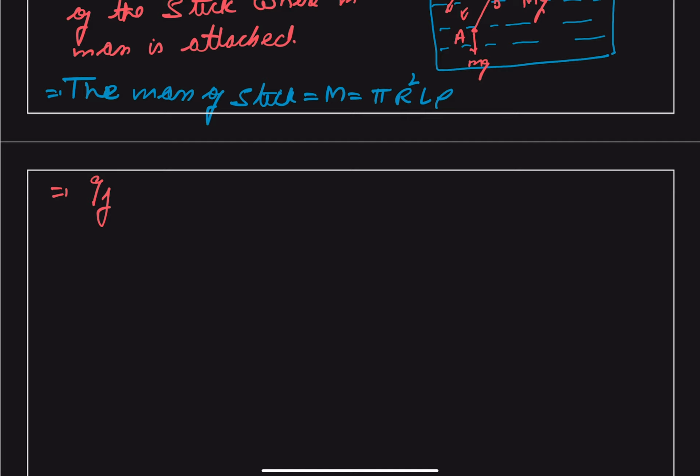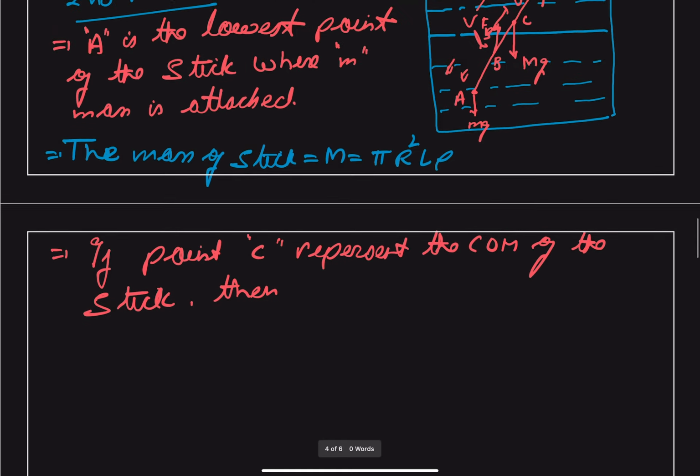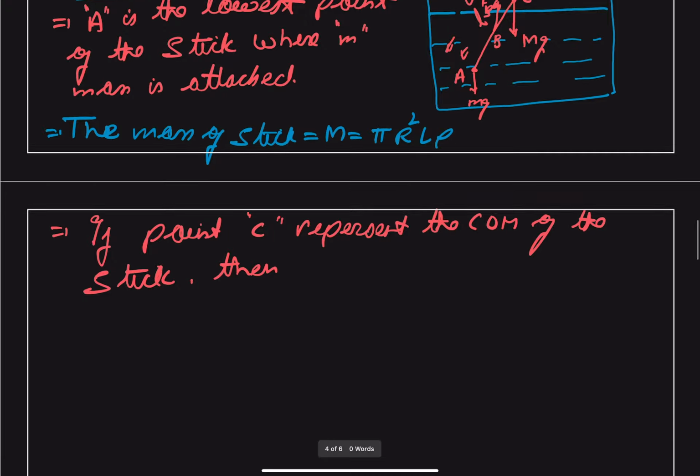if point C represents the center of mass of the stick, then we can say the length AC will be equal to L by 2.